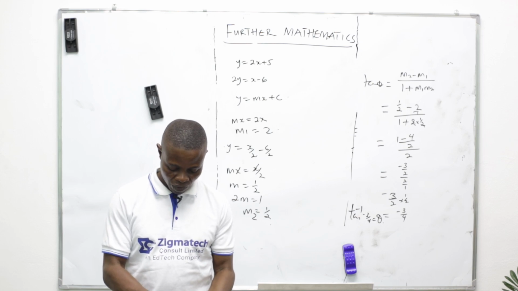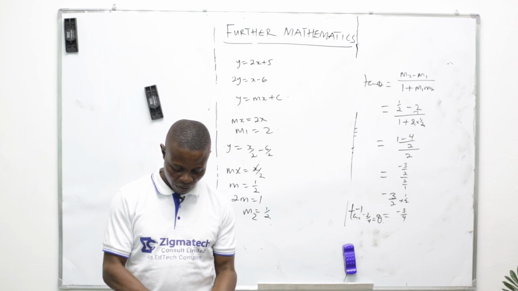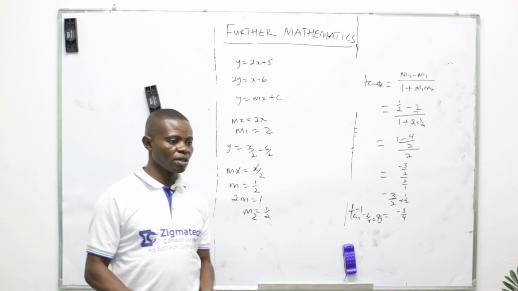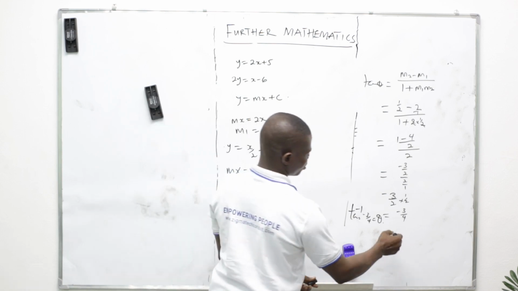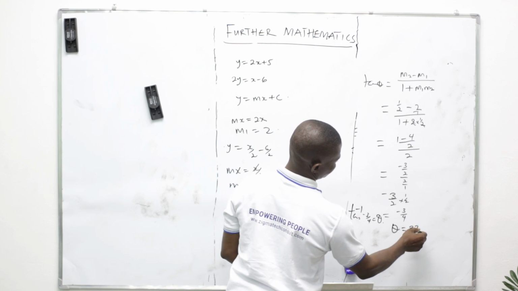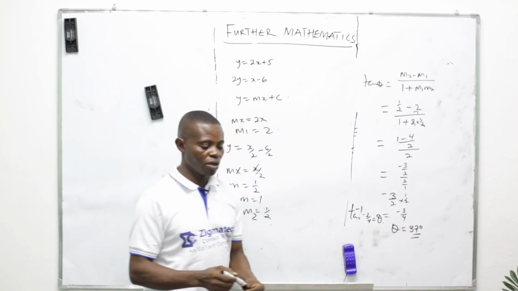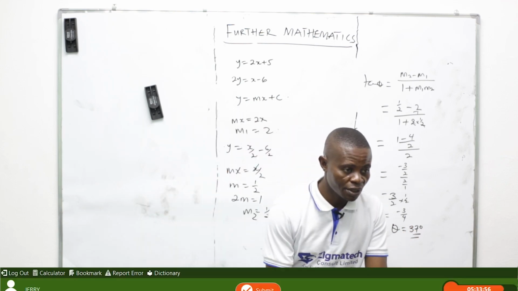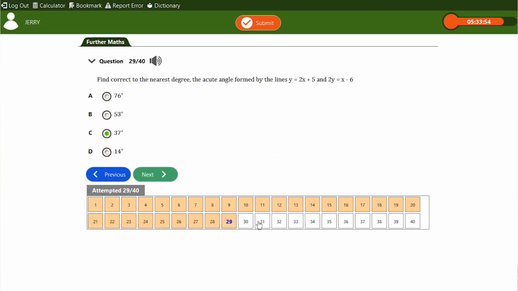Shift tan 0.75. 37 degrees. So theta equals 37 degrees. Option C. Theta is 37 degrees.